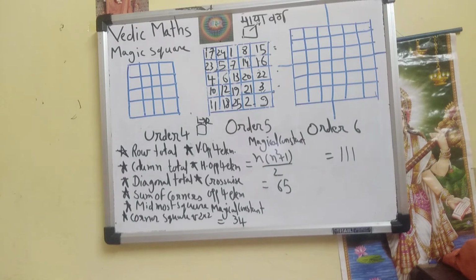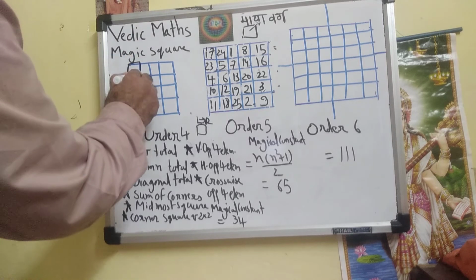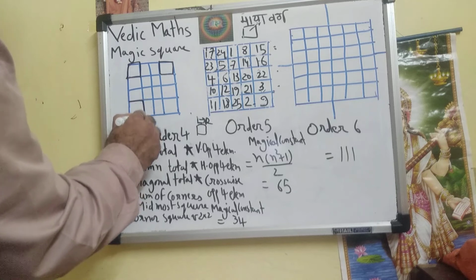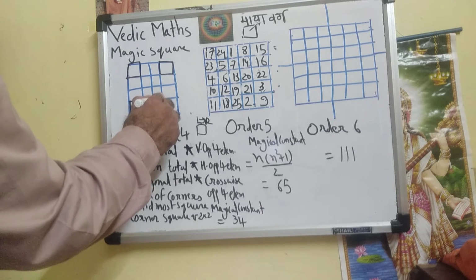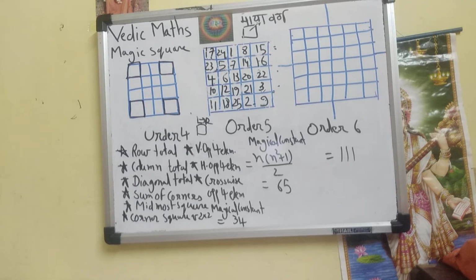First of all, we darken the boundaries of the 4 corners like this. In this way, 4 small squares of order 1 by 1 are formed. Also darken the boundary of the midmost square of order 2 by 2.